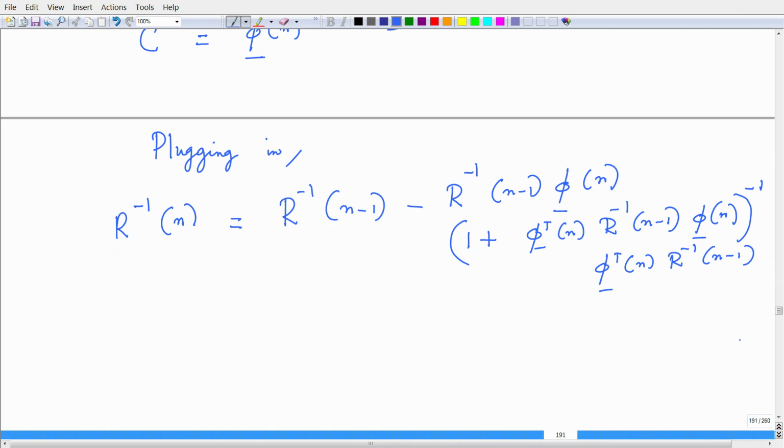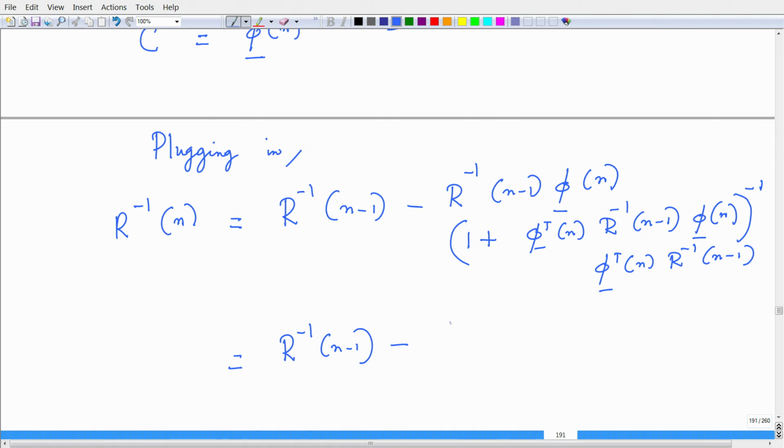Now, simplifying this a little further, we get R inverse of n minus 1 minus, now this is basically a scalar, 1 plus phi transpose n times R inverse of n minus 1 times phi of n, and that gets into the denominator.